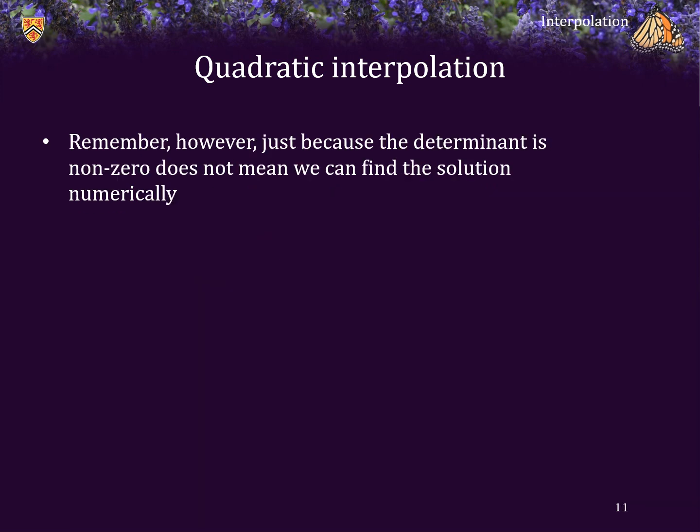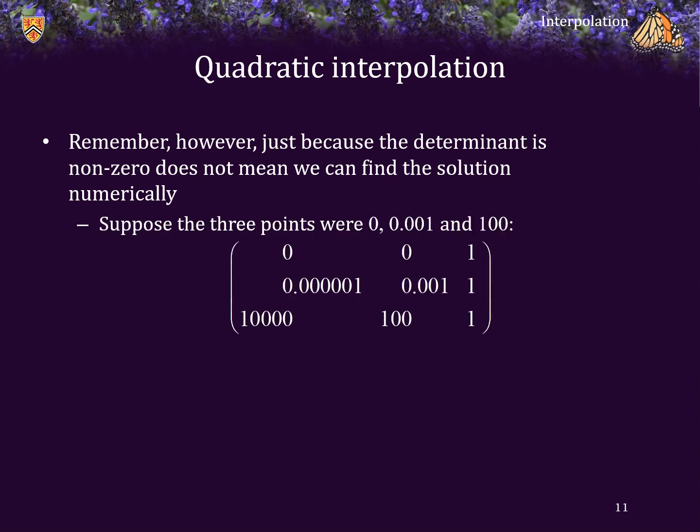Now remember, however, that just because the determinant of a matrix is non-zero, this does not mean we can find the solution numerically, at least not to significant precision. So suppose the 3 points instead had x values 0, 0.001, and 100.